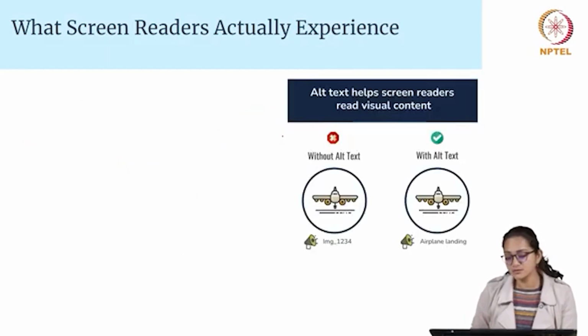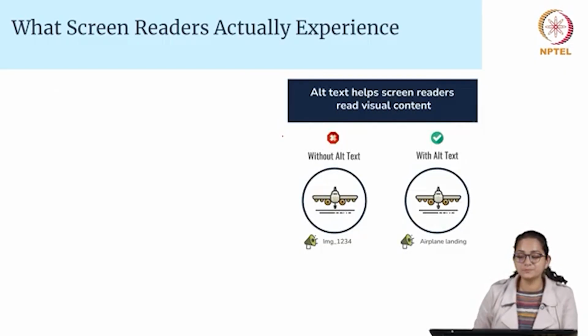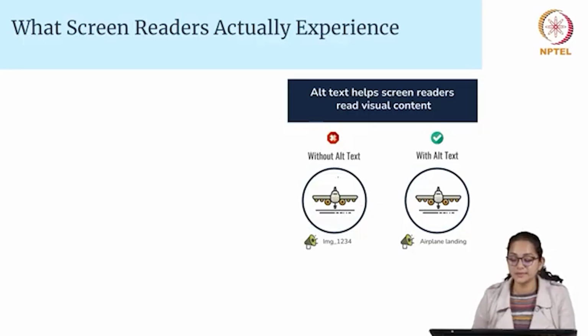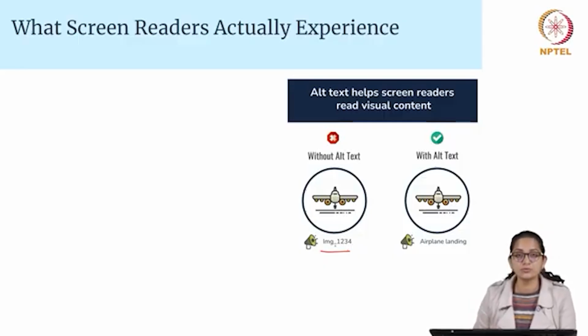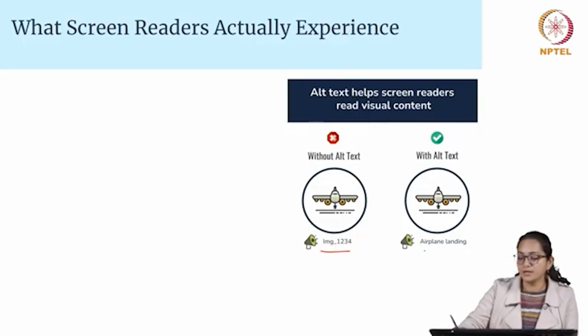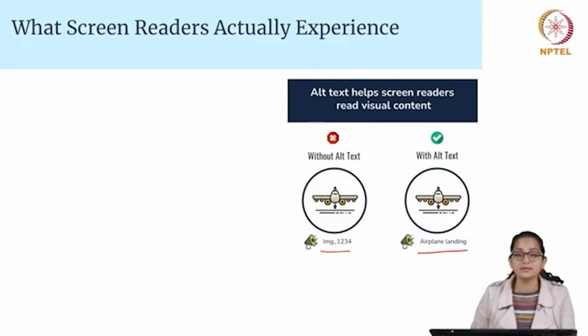So what will screen readers actually experience? Alt text helps screen readers read visual content. For example, if there is an image without alt text, then it announces IMG_1234, which is the name of the image. But if there is alt text, then it says airplane landing, image.